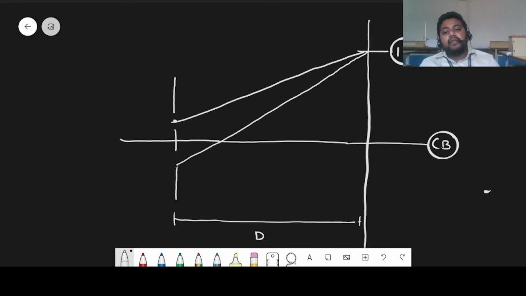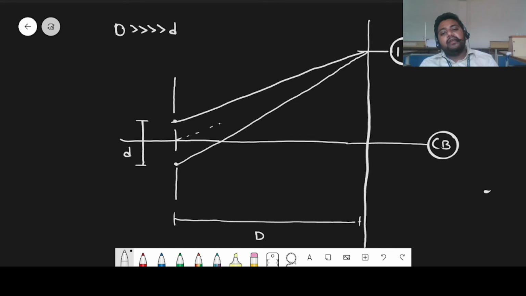Now there are certain conditions in which, in Young's double slit experiment, we can see the interference pattern. That is, the value of D should be very big compared to that of small d. Only if this condition is satisfied can we see the pattern of interference. If the screen is kept very close, we cannot see the interference pattern.